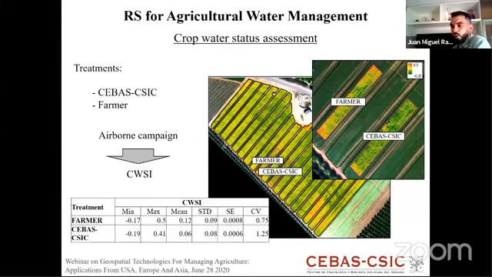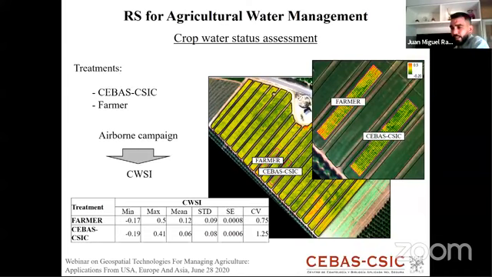At the end of the season, we performed an airborne campaign with a thermal sensor on board. From the acquired image, we calculated the crop water stress index.